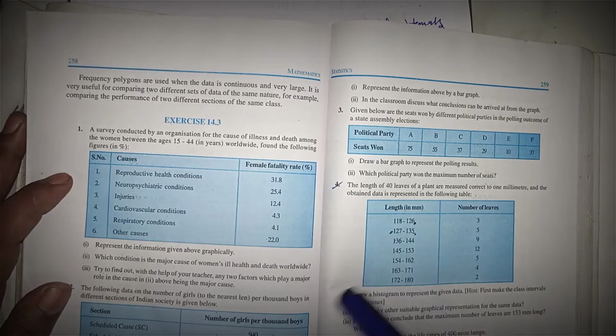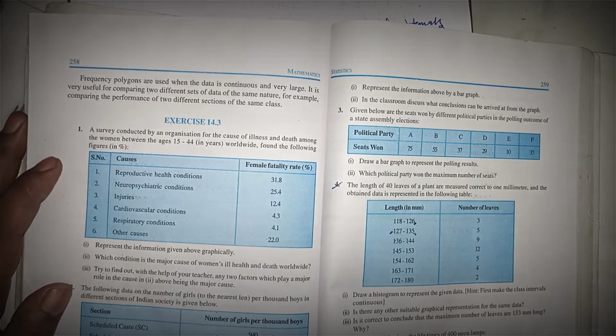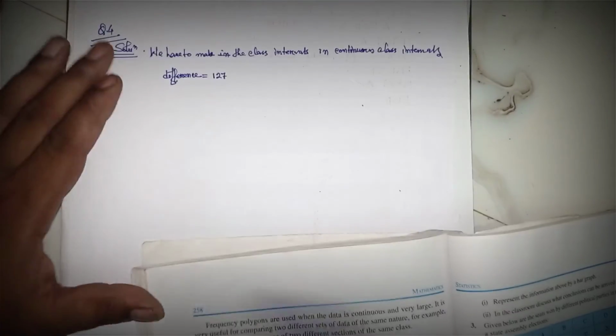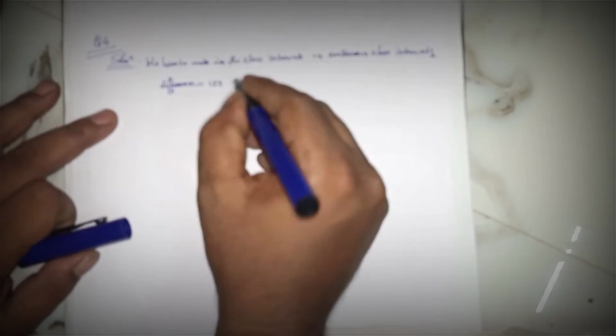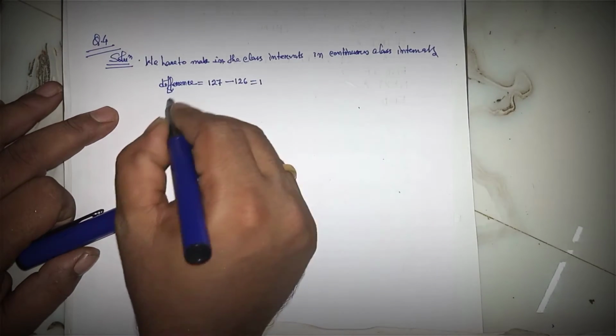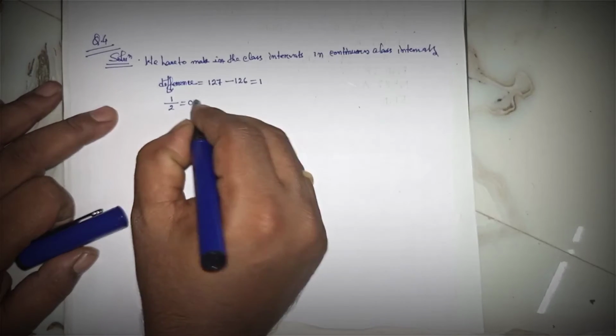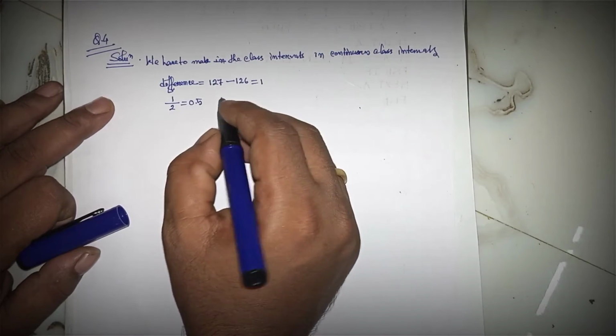Then we will divide by 2, and that result we subtract from the lower limit and add to the upper limit. So the difference is 1. So 1 by 2 is equal to 0.5.